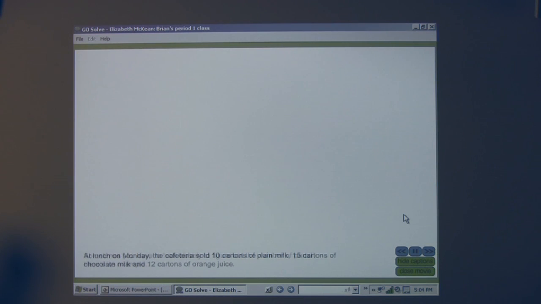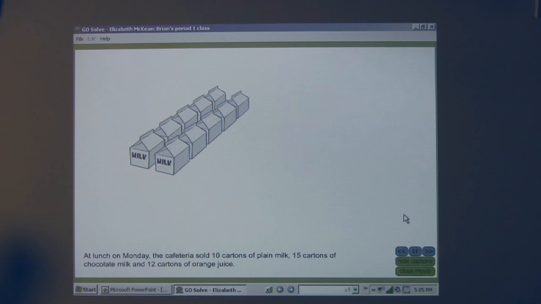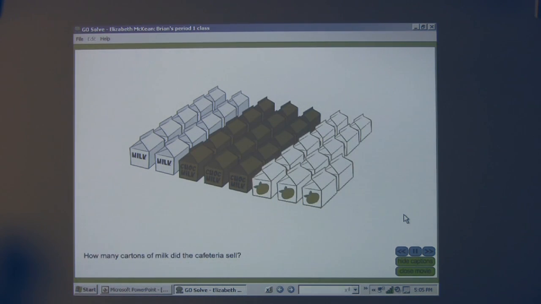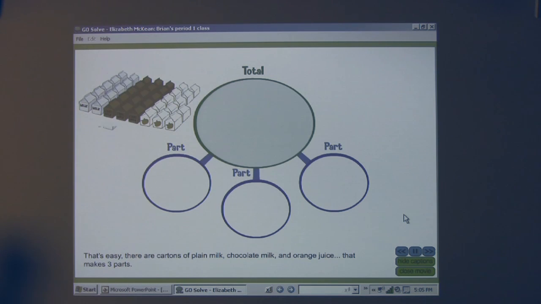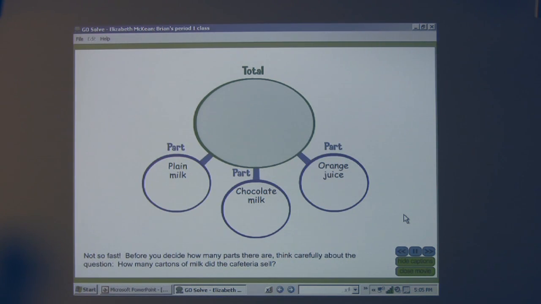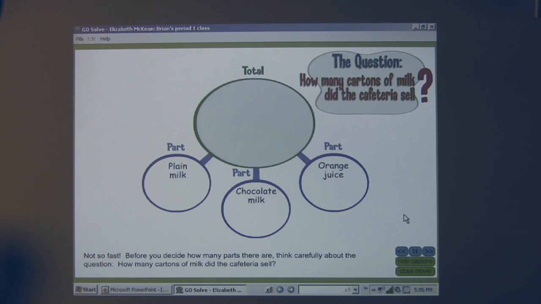Here's an example. At lunch on Monday, the cafeteria sold 10 cartons of plain milk, 15 cartons of chocolate milk, and 12 cartons of orange juice. How many cartons of milk did the cafeteria sell? So, how many parts? That's easy. There are cartons of plain milk, chocolate milk, and orange juice. That makes 3 parts. Not so fast. Before you decide how many parts there are, think carefully about the question. How many cartons of milk did the cafeteria sell? Oh, I see.